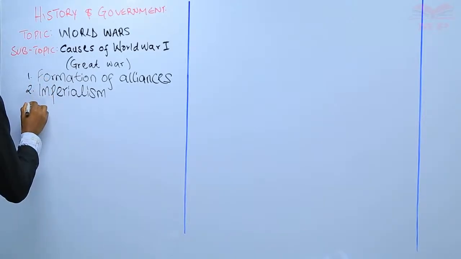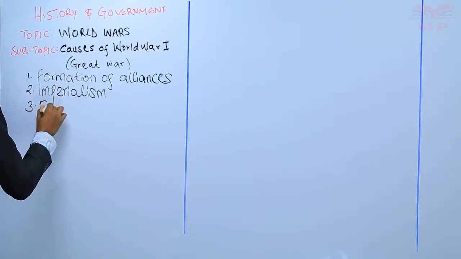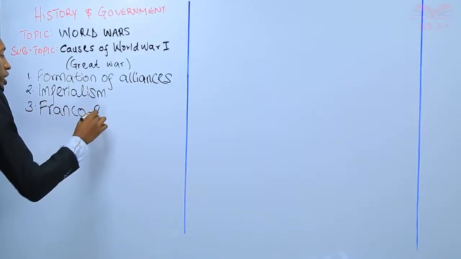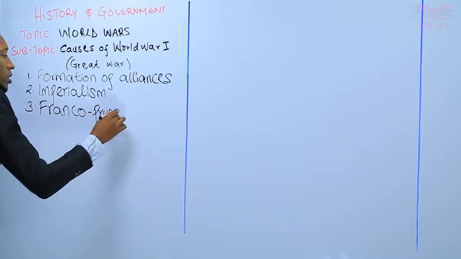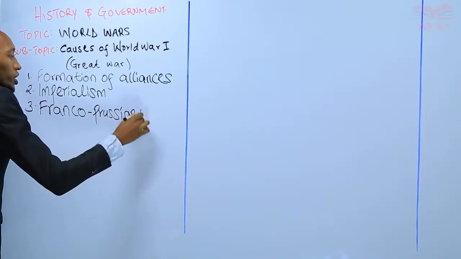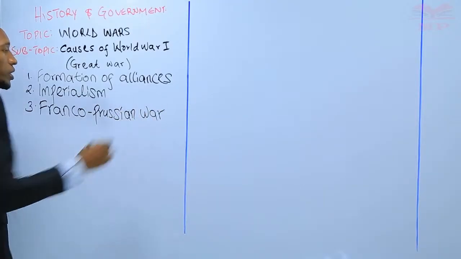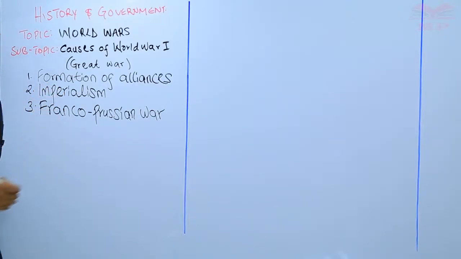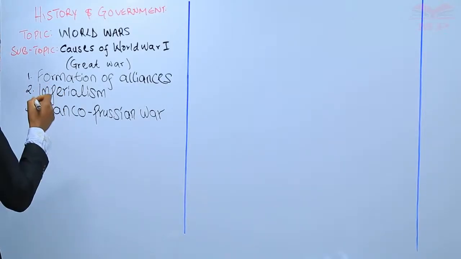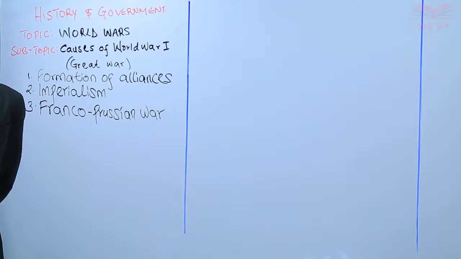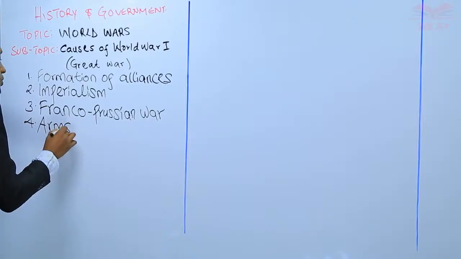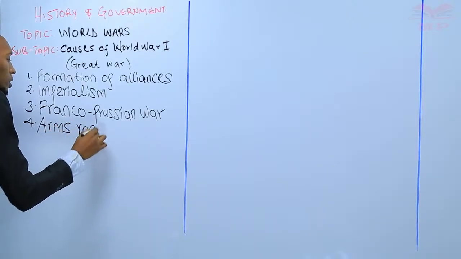And then number 3, we have the Franco-Prussian War. We have Franco-Prussian War as our third cause of the World War One. And then number 4, we are going to discuss something we refer to as arms race.